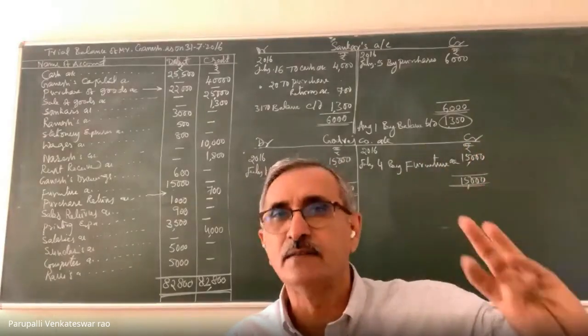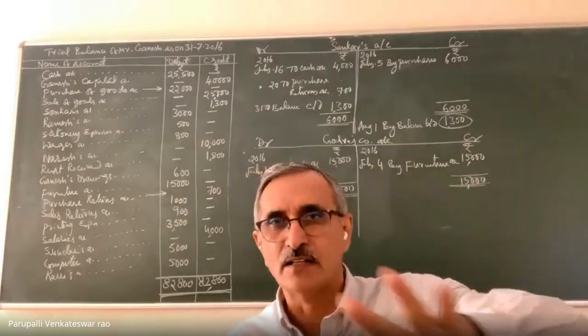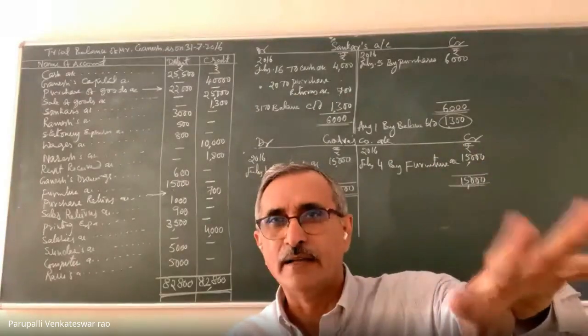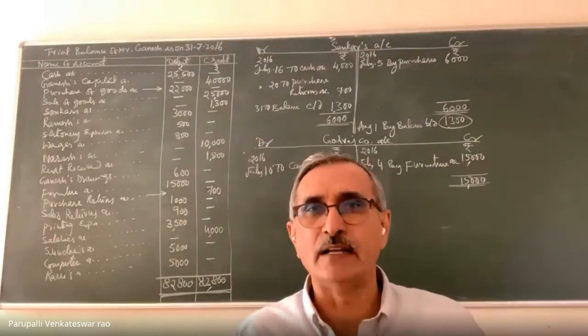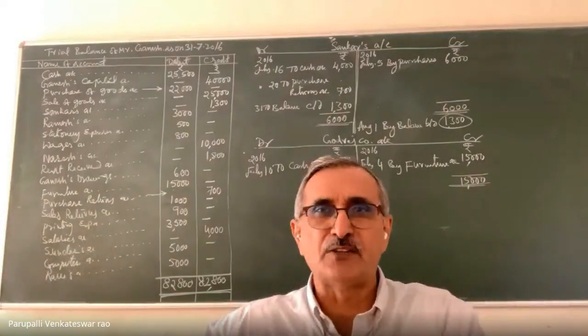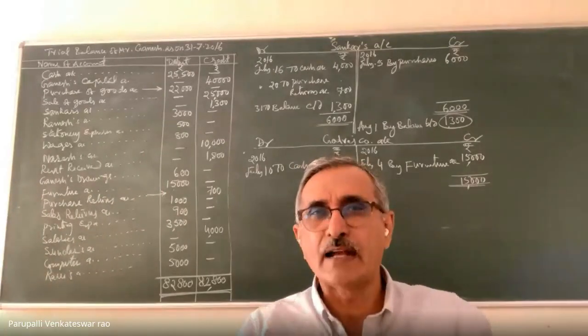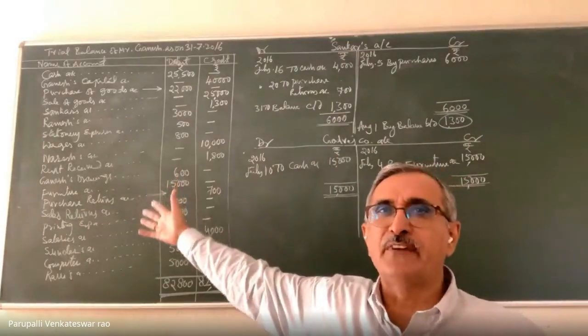This is stage 1. After that, you write them in the journal, a book where you write entries. After writing the entries, we prepare ledger accounts, called ledger posting. After posting into the respective ledger accounts, all accounts are balanced. Those balances are drafted in the form of a statement.